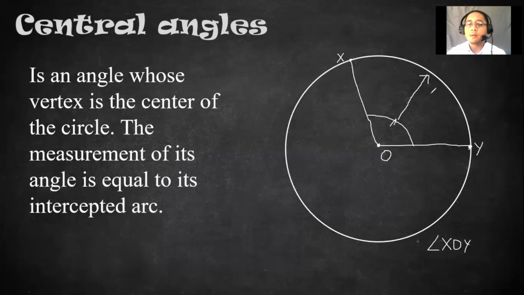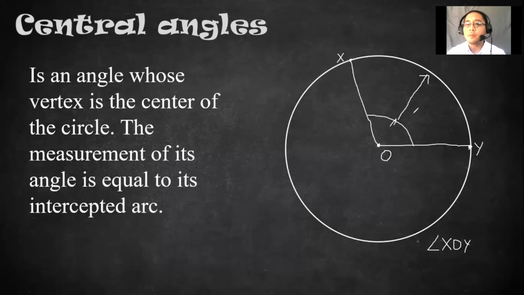Its opposite arc is named as the intercepted arc. So if this is your central angle, the facing arc of that angle is the intercepted arc.